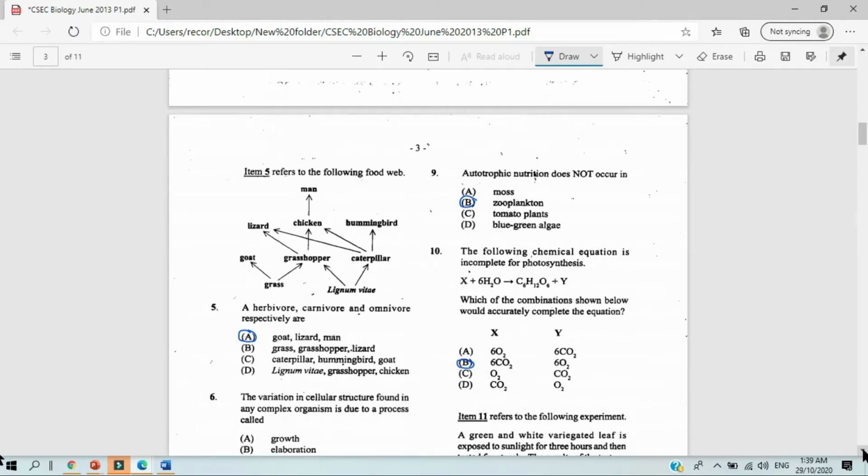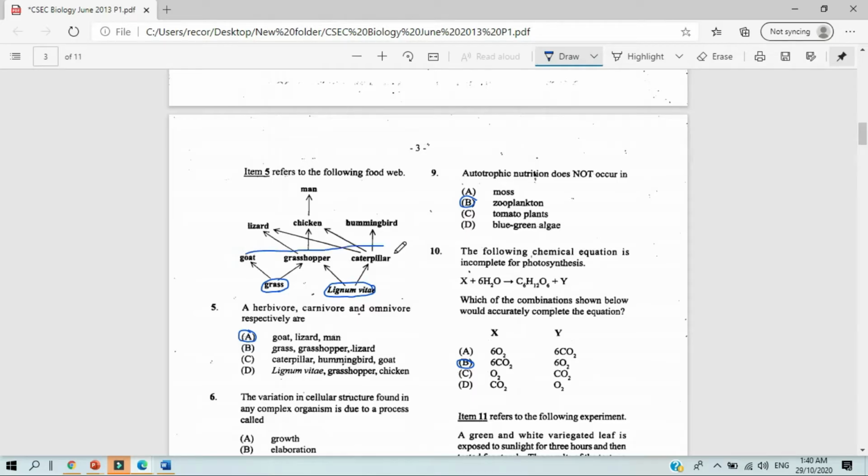And question number 5 is about a food web, right? A herbivore, carnivore, and omnivore respectively. All right, herbivore. Let us not confuse ourselves. These are not herbivores. These are actually our producers. So our herbivores are going to be the first line here in most cases.